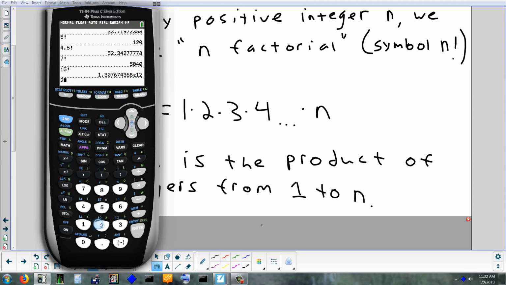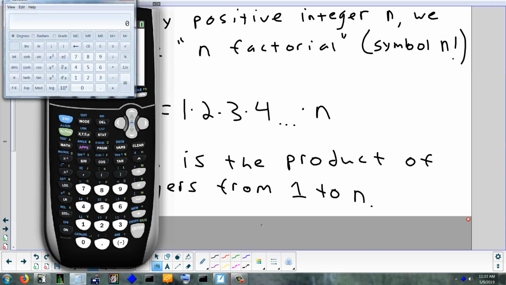So if you try 25 factorial, 25 is not that big, but our exponent is starting to get pretty big, so we're not going to be able to go too much more. I think by the time you hit 100, the calculator can't do it anymore. So somewhere between 25 and 100 is where the factorials cut off.